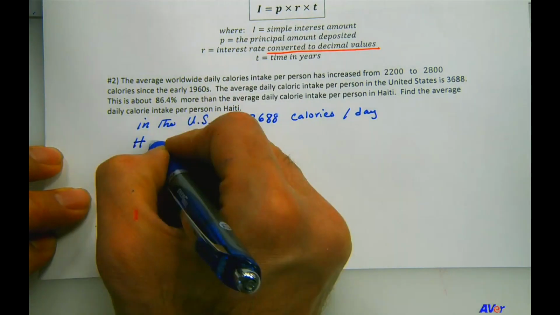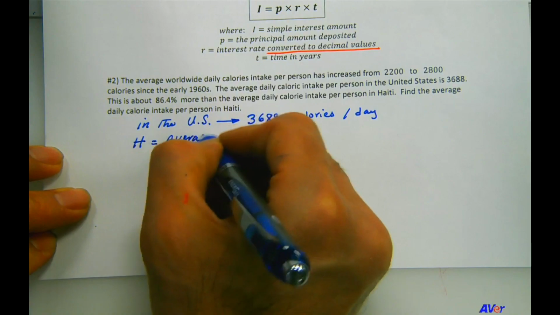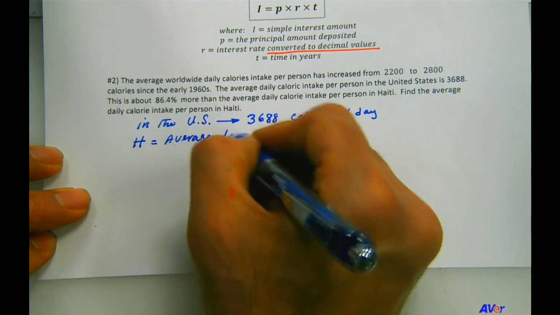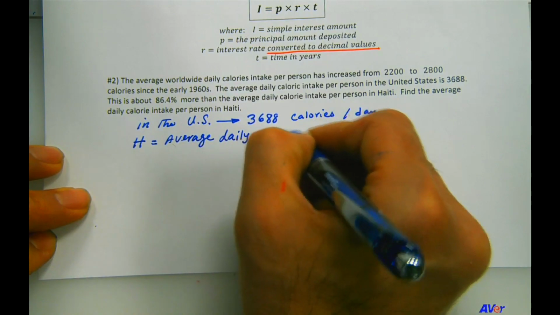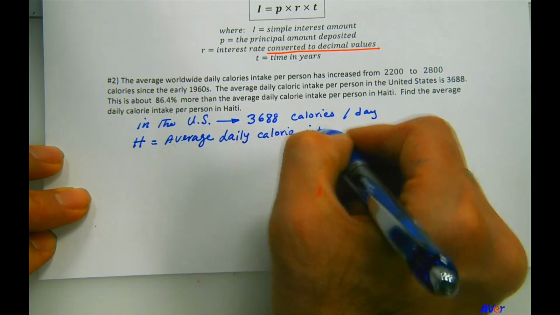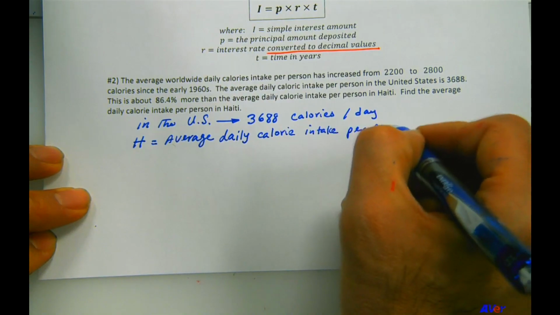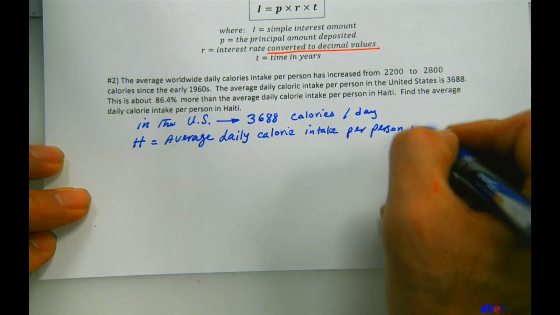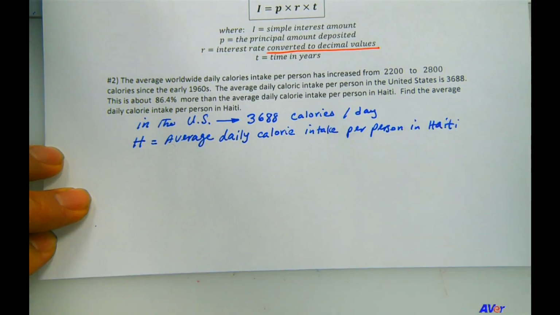H is equal to average daily calorie intake per person in Haiti. Okay?